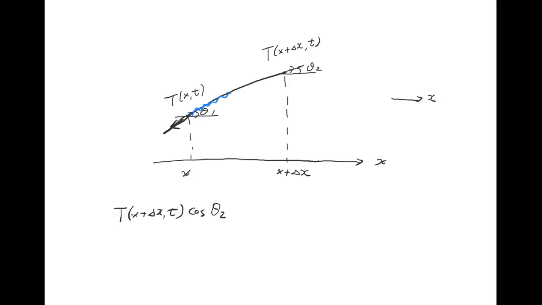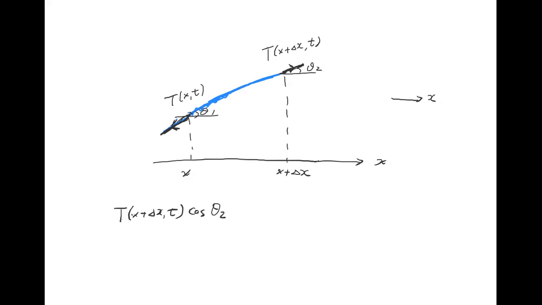Let me use a different color. So that's the segment I'm interested in. The force acting on it will be due to the tension from the part of the string on the left hand side, and the part of the string on the right hand side. So they are pointing in this direction.